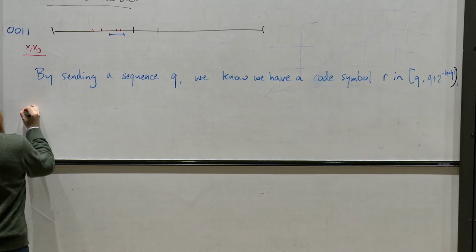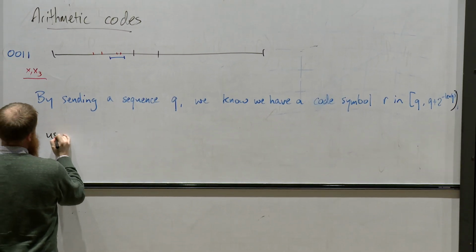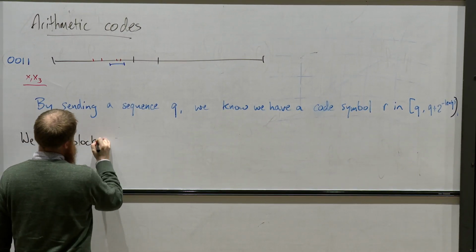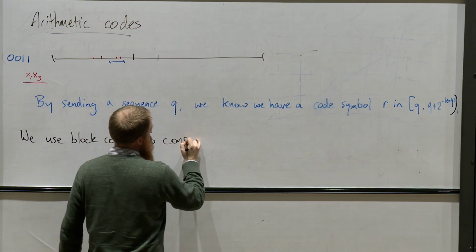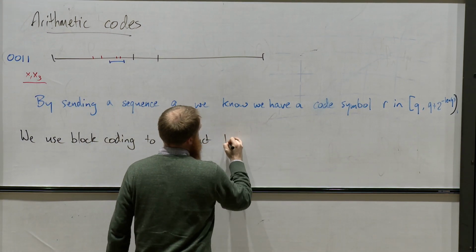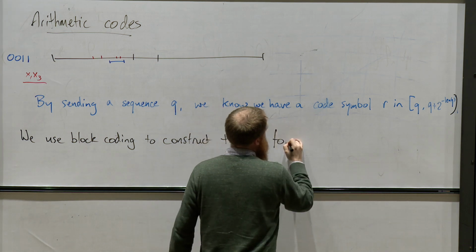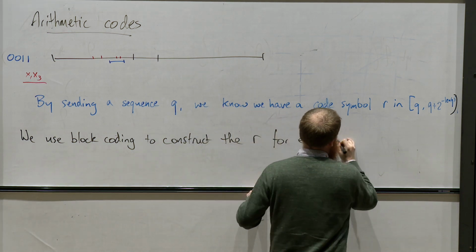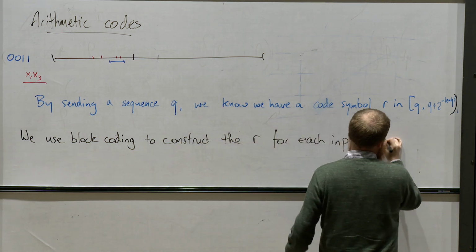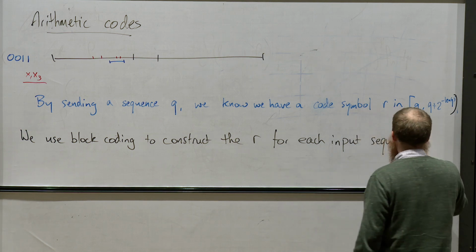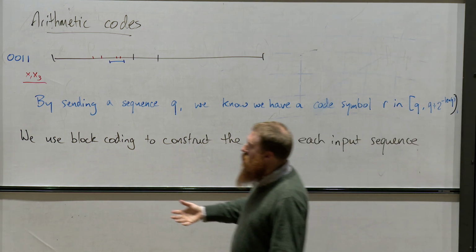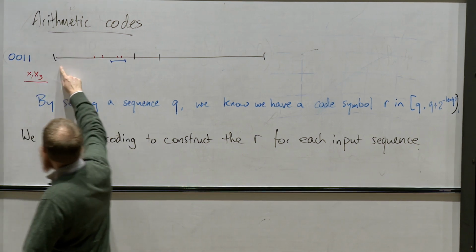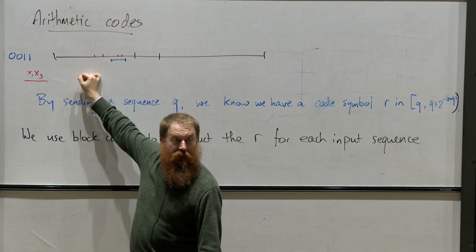So we use block coding to construct the R for each input sequence. Once I give you an input sequence, you figure out the interval, then you subdivide that interval and repeat.